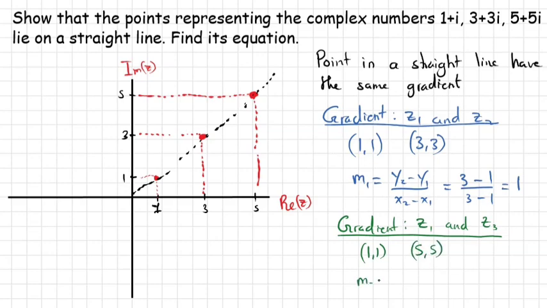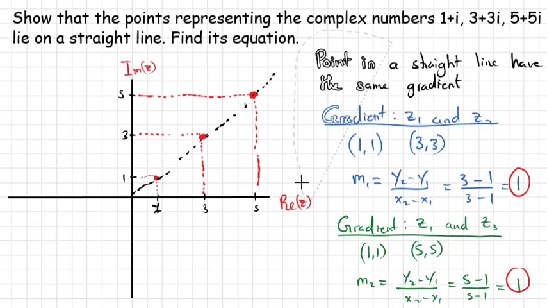So gradient M2 is equal to, same formula, y2 minus y1 over x2 minus x1. So this will be 5 minus 1 over 5 minus 1. That's 4 over 4, and it will give us 1. So you can clearly see that we get a 1 here and we get a 1 here. If the gradients are the same, this shows that the points are on the same line. Okay, so we're done with this.